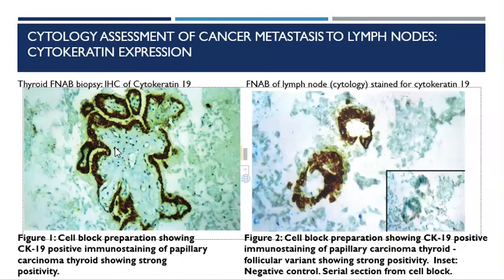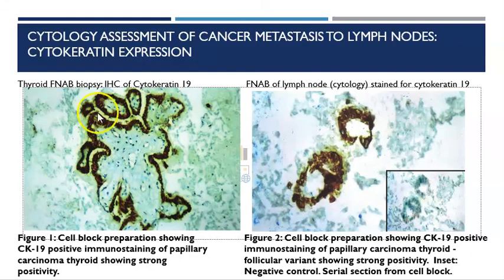So we can use fine needle aspirate biopsies to take small clusters of cells from either the primary tumour or from lymph nodes, and both of these are thyroid carcinomas. So this one on the left is a fine needle aspirate biopsy of the thyroid tumour itself.